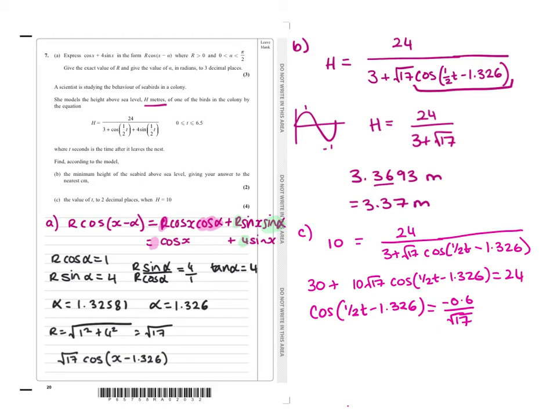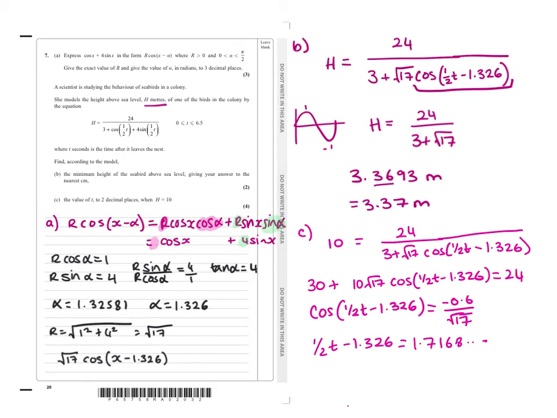Now, shift cos minus 0.6 over root 17, which is going to give me 1.7168. So a half t minus 1.326 equals 1.7168.